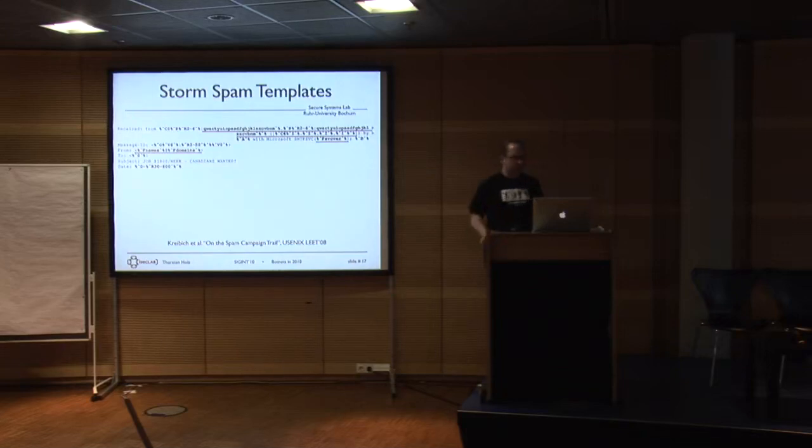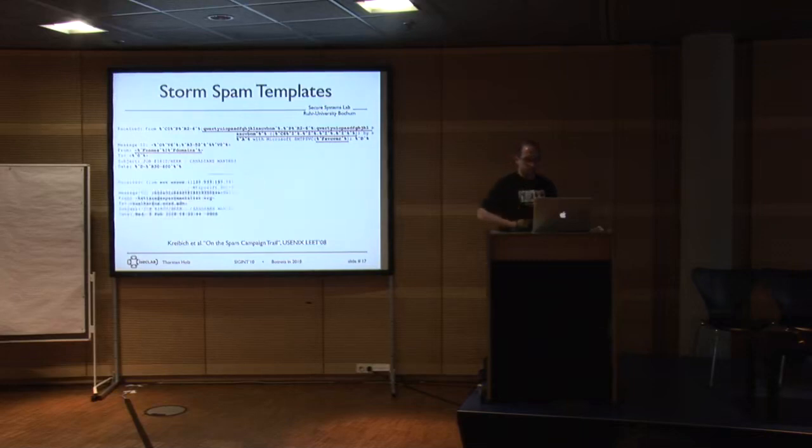The subject itself is fixed, and the date also has some kind of identifier, which tells the bot, okay, whenever you want to create a new spam message, use this template, fill in all the variables, and then once you have filled out the template, just send it out. This helps the botmaster to be more efficient, since the infected machines handle all this creation of the new spam messages, and so they can spam more efficiently.